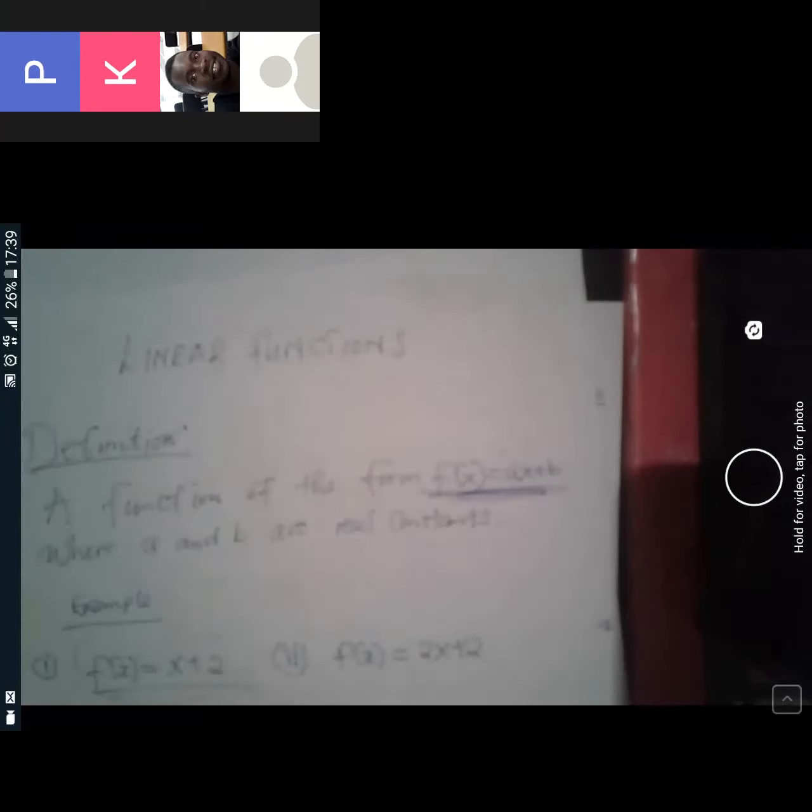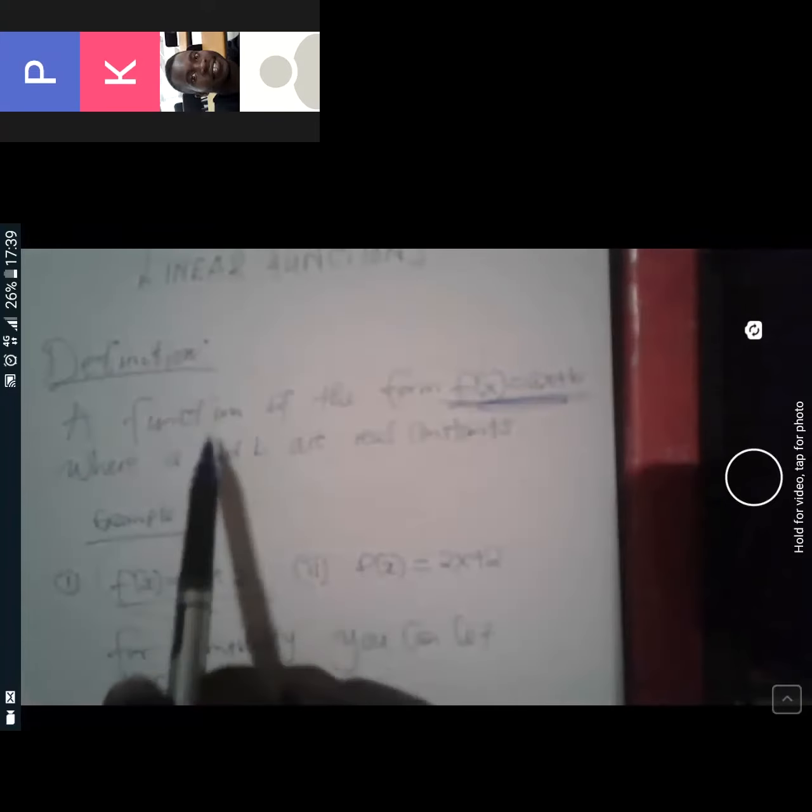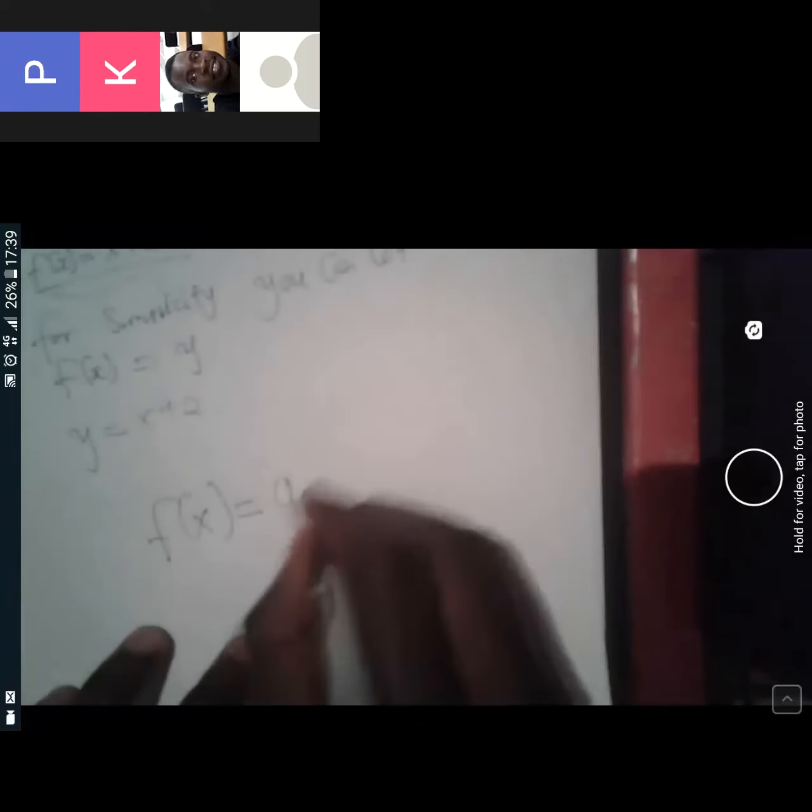I think we can go back here. There's something that I want to mention. Let's get back to the definition of what a linear function is. We say a function of this form, f of x equal to ax plus b.